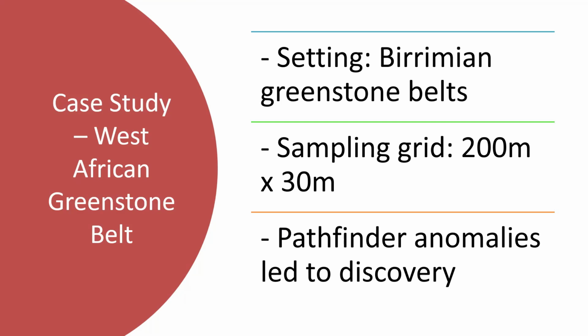We said it and we said why. I will give a practical example using an ArcGIS gridded map. Once this is done in the right way, Pathfinder anomalies can lead to discovery at the early stage.